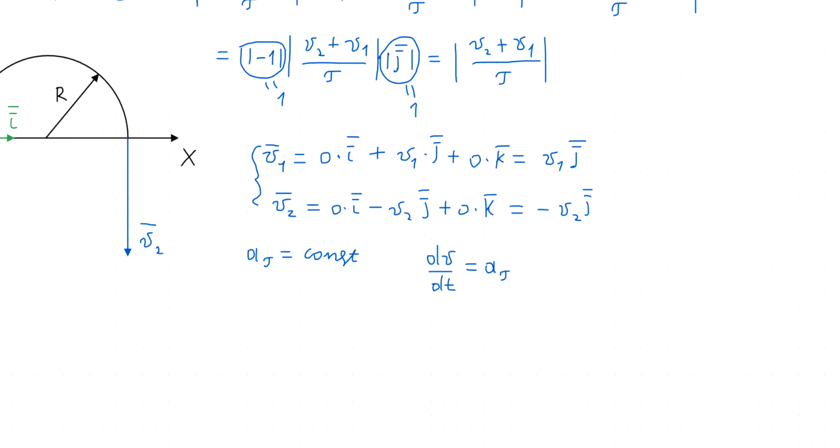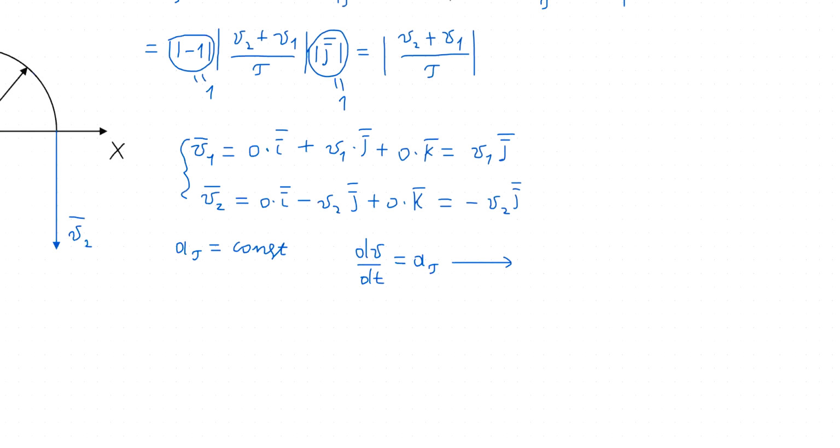It's necessary just to multiply the left and right sides of the equation by dt. So dv is equal to a tau dt.